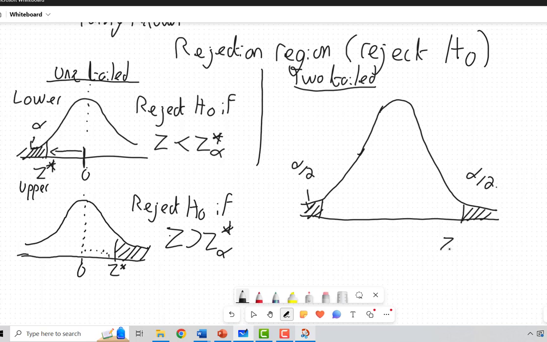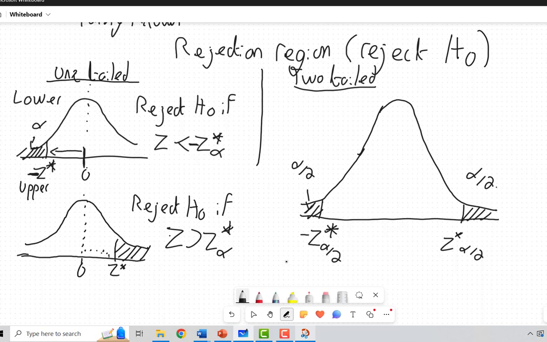This means this is going to be z star alpha over 2. Oh, sorry, I should say minus z alpha. As we have the alpha, this would be minus z alpha and this would be positive z alpha. Sorry about that. And that's minus z alpha over 2.